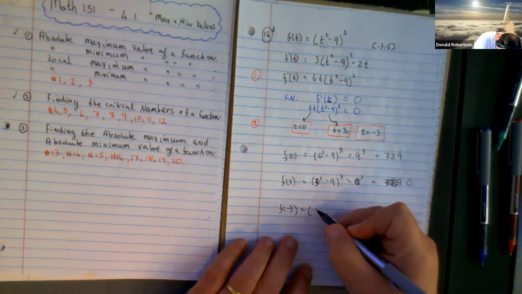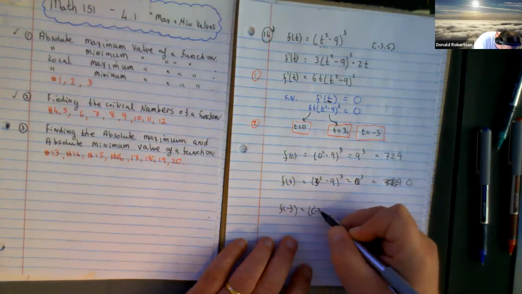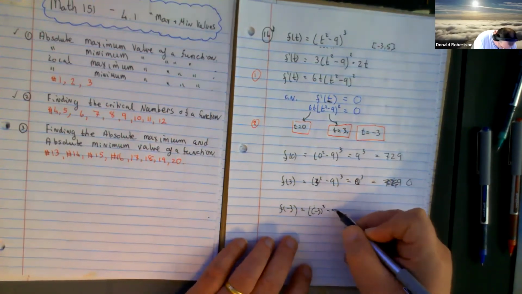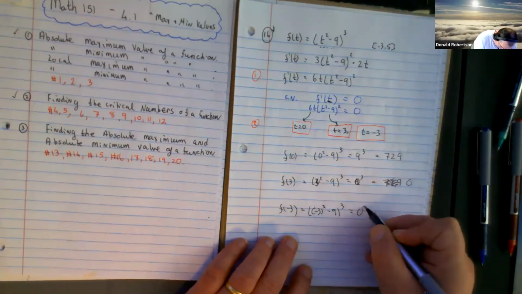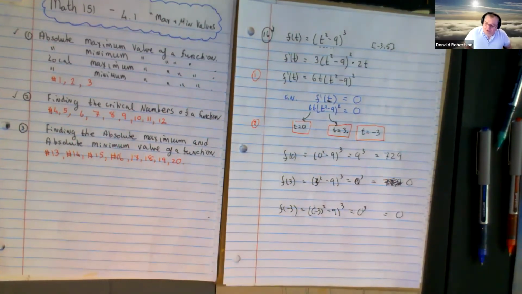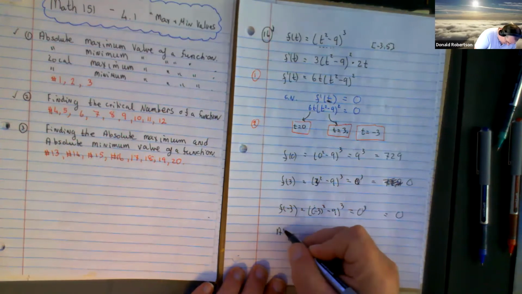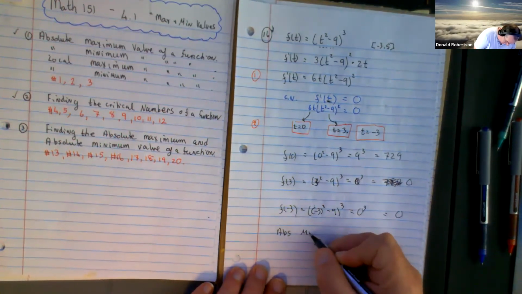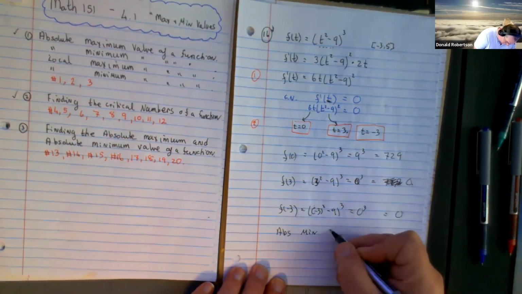And then if you put in -3 squared, take away 9 cubed, you also get 0 cubed. Well, we don't have too many choices there. The absolute minimum value is 0, which happens to occur twice.